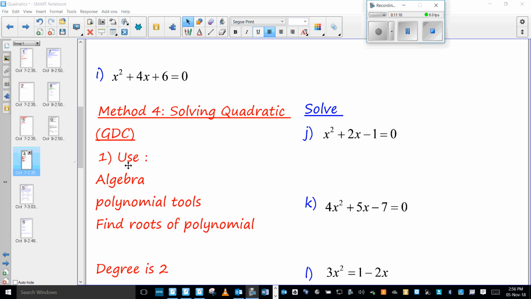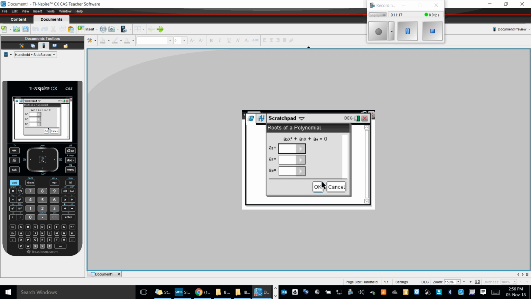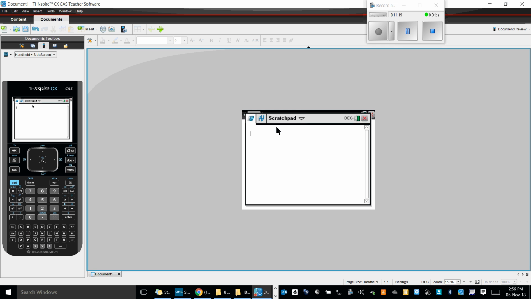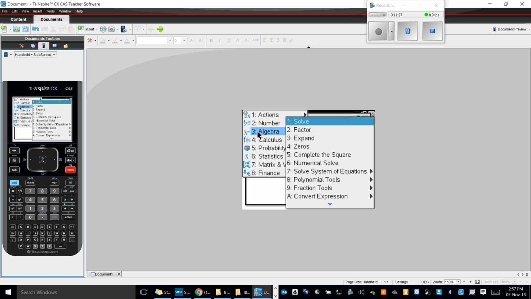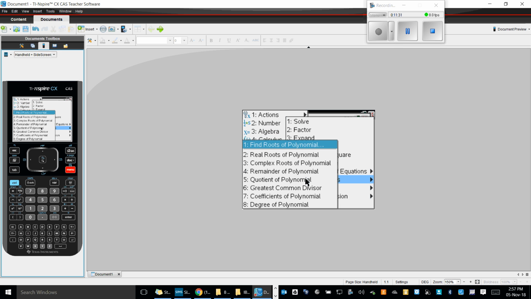So just in the normal screen, your normal scratch pad, you're going to type menu. You then see algebra, because this is an algebra question. It's a polynomial, and you're finding the roots. We're finding a root, which is where it crosses the x-axis.